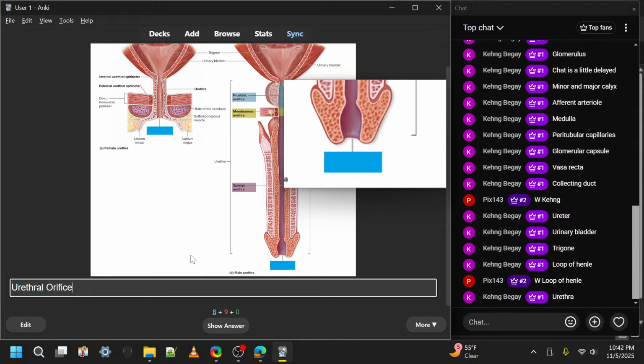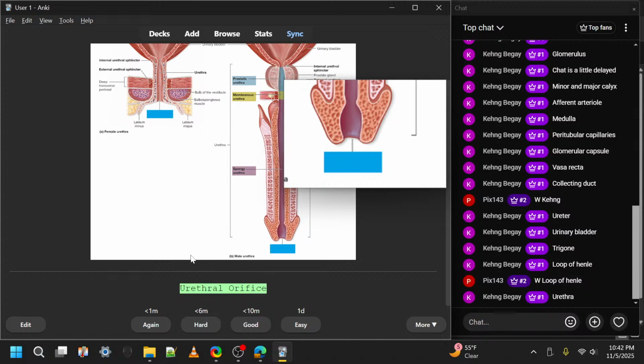This is how I remember it. I remember orifice as three separate words. It's the urethra or if ice. Yep. Just to make it more confusing.